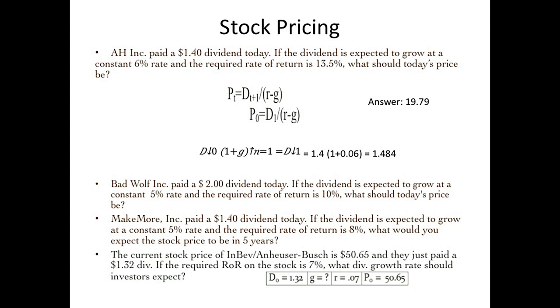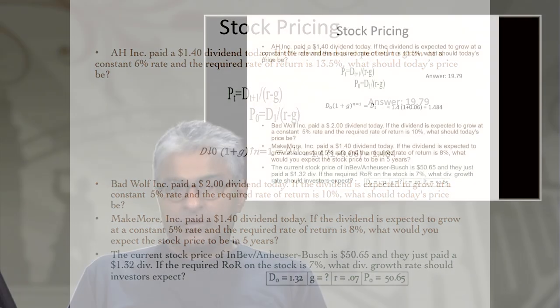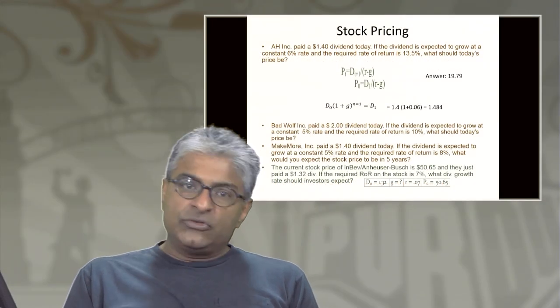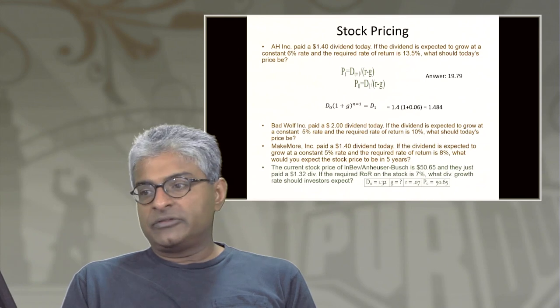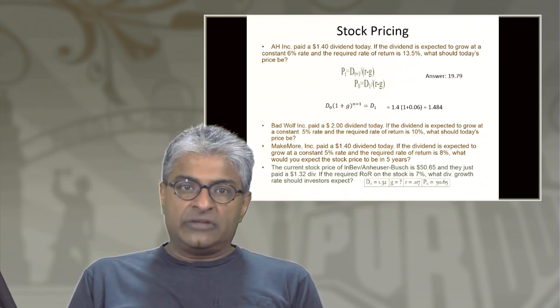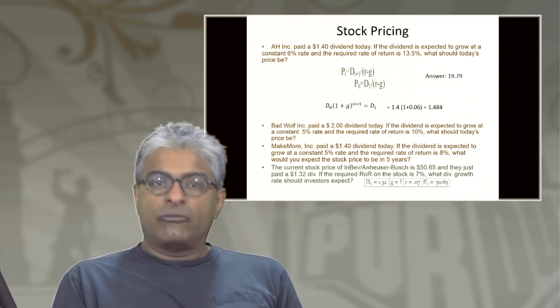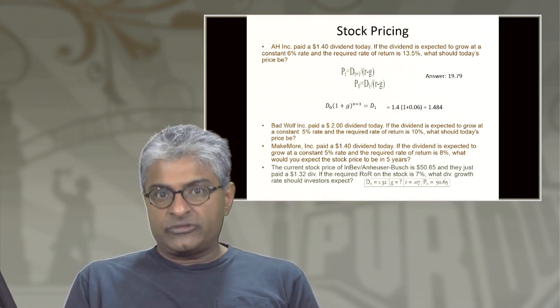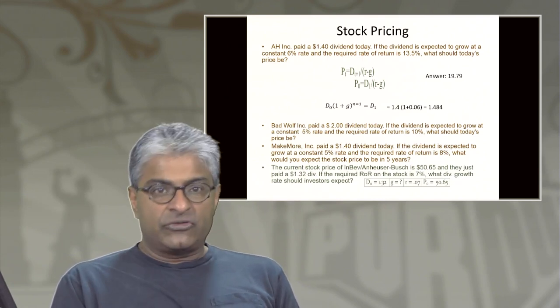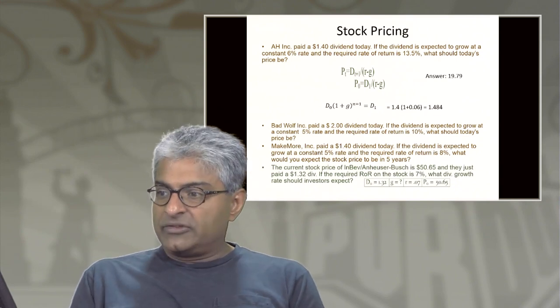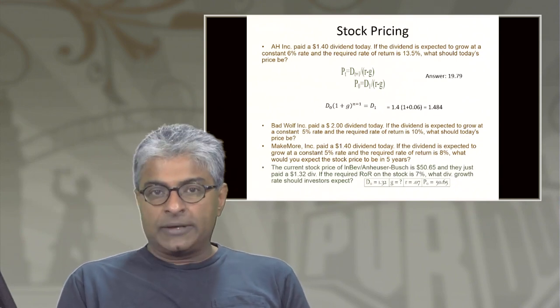You can play around with that formula by moving it around to isolate G, which is what you solve for. You will see that it's actually a quadratic equation. So it's a non-trivial problem that you can use a financial calculator to solve, because it's going to be a quadratic equation in G, and you're going to have two possible solutions. Hopefully one of them is going to be the positive one that you need, and the other one you can reject, and you can solve for this problem using that formula. Good luck.